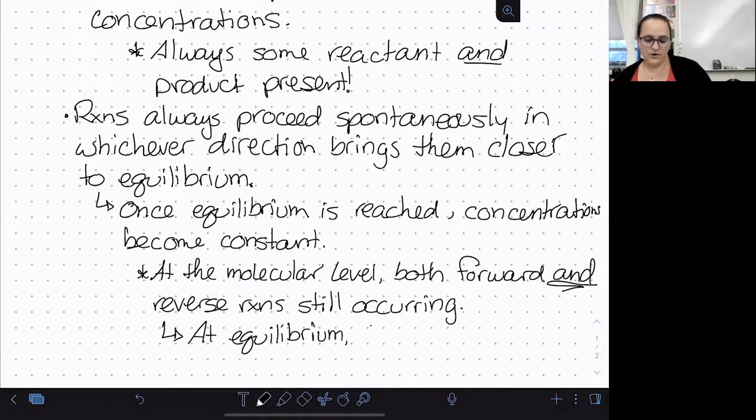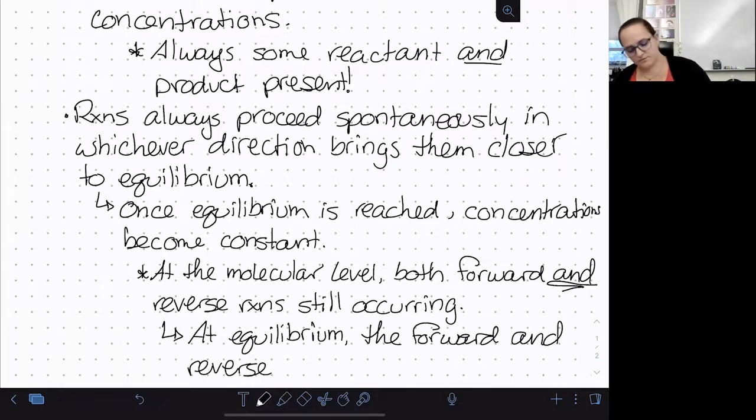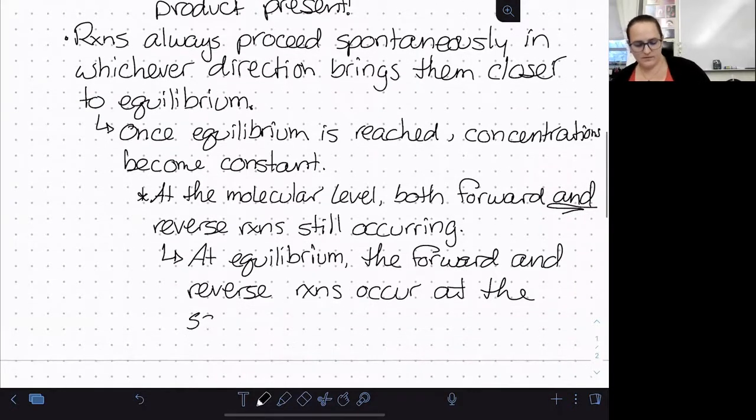So at equilibrium, the forward and reverse reactions occur at the same speed.